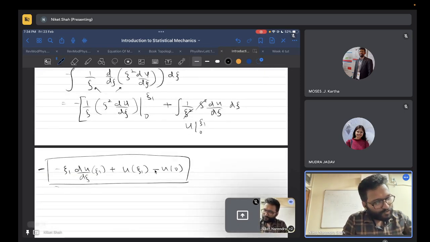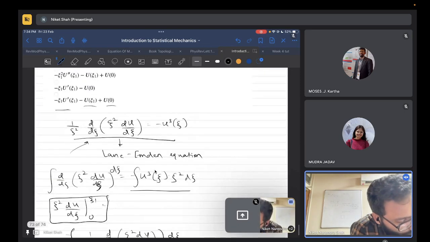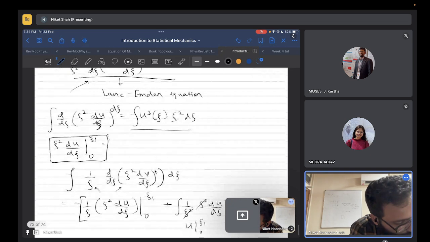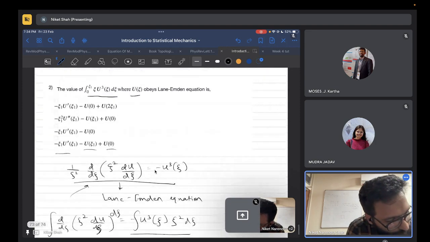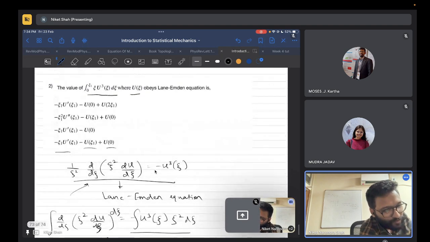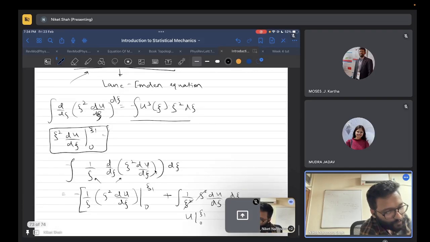Okay. Maybe I'll just check where I missed out the minus sign because this is not okay. So we substituted u cube. What did we do, by the way? We did kind of u cube kind.